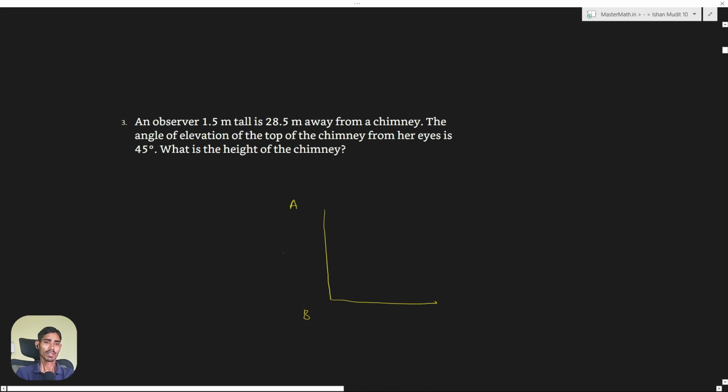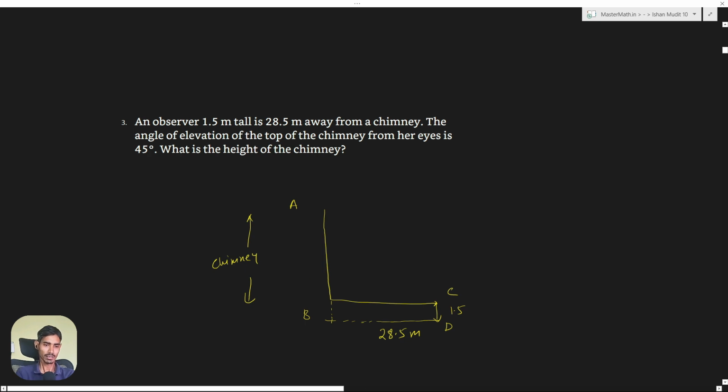This is the chimney, and 1.5 meter guy. So CD, that is 28.5 meters.